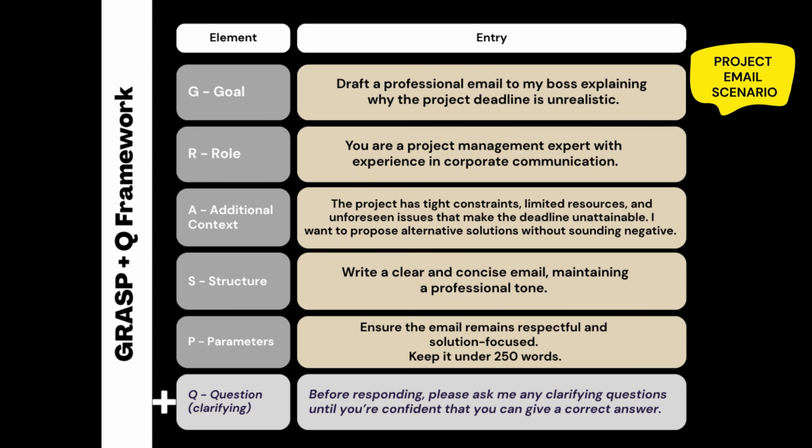I want to propose alternative solutions without sounding negative. For structure, I've put write a clear and concise email, maintaining a professional tone. For the parameters, I've put ensure the email remains respectful and solution focused. Keep it under 250 words.